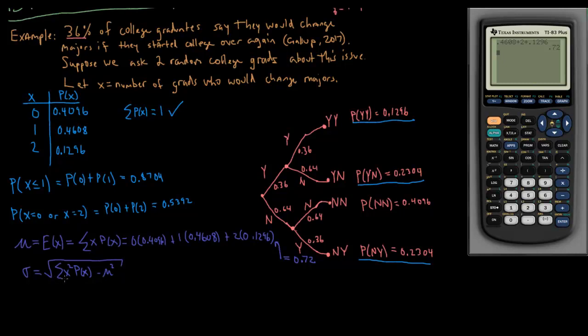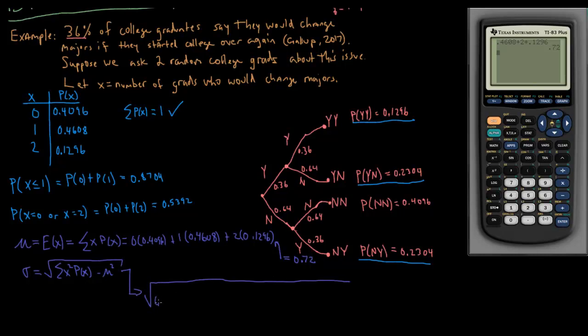Now let's do the standard deviation. Standard deviation says you have to square each number. So I'm gonna go down just a little bit, give it a little more room. It's a big square root. We're gonna square the x terms, multiply by their respective probabilities, add them up, then subtract what we already know to be mu, but squared.